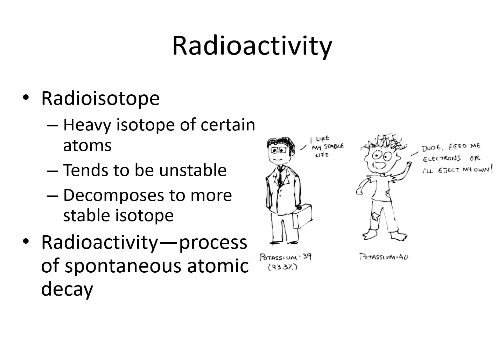And so the radioisotopes, as we're talking about, tend to be unstable and will decompose to a more stable isotope, right? This is an example of potassium 39. So potassium's weight is 39, and if you give potassium an additional neutron, it becomes potassium 40.